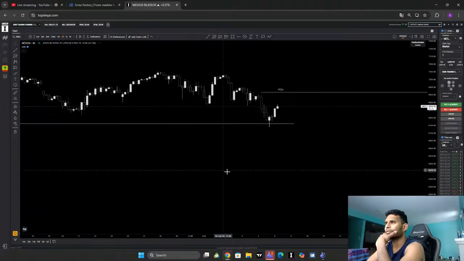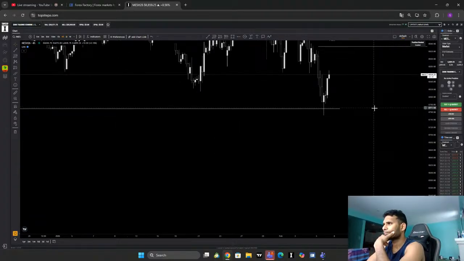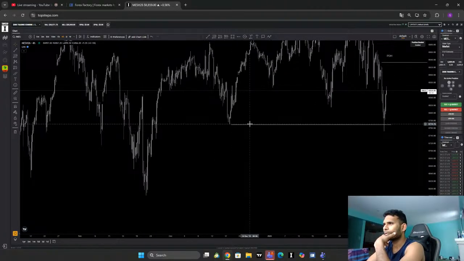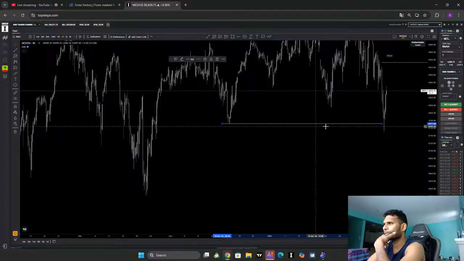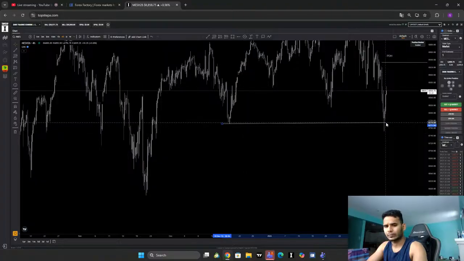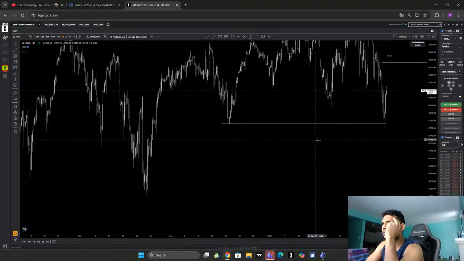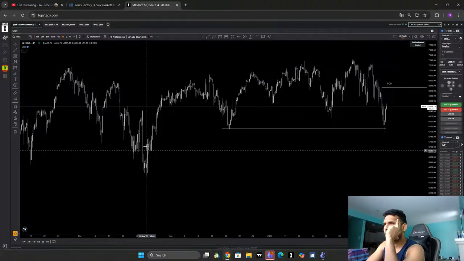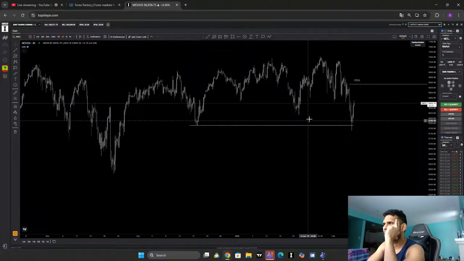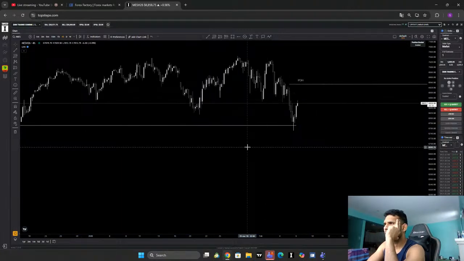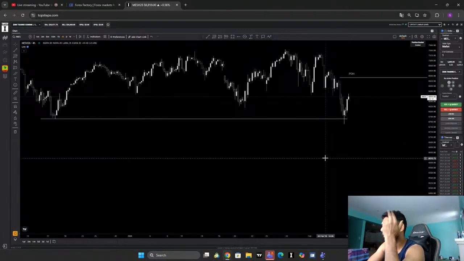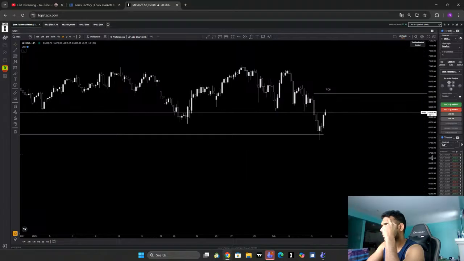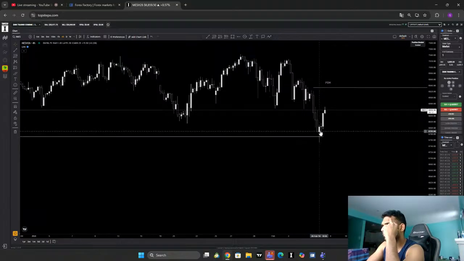Beautiful. Okay, and wait a minute. So liquidity sweep, major liquidity one and two has been taken. And there is a high time frame order block, breaker, whatever it is, and it's giving a really nice sweep.